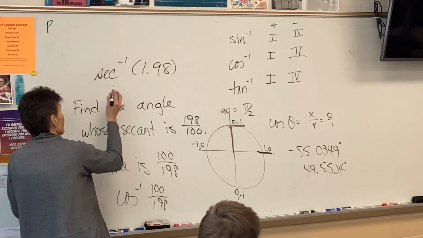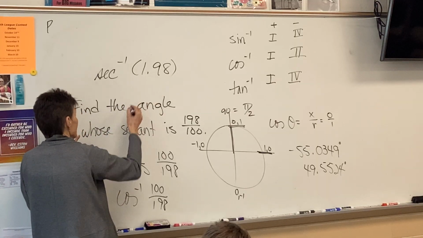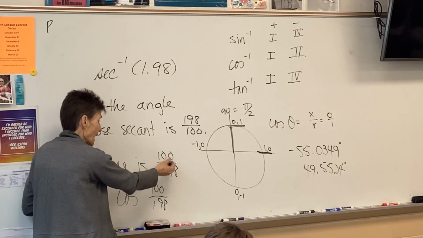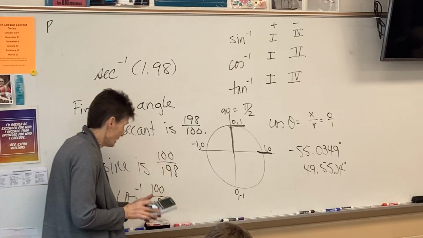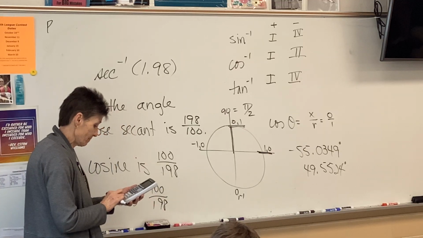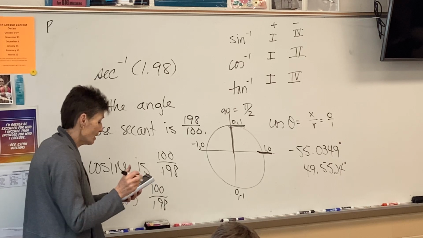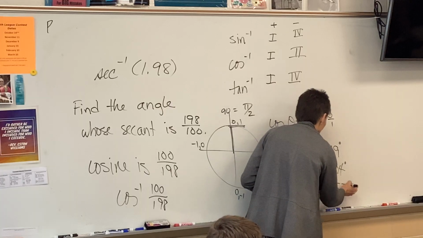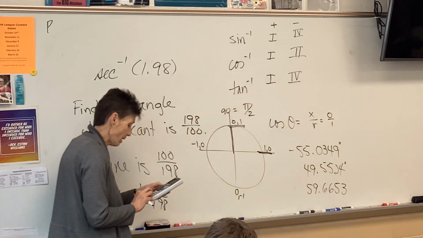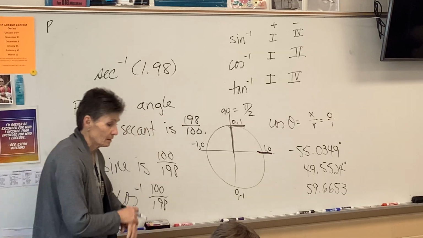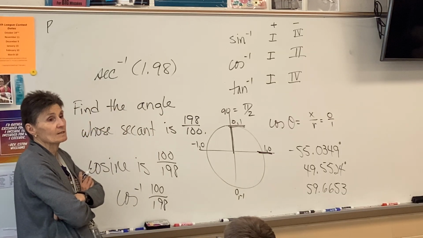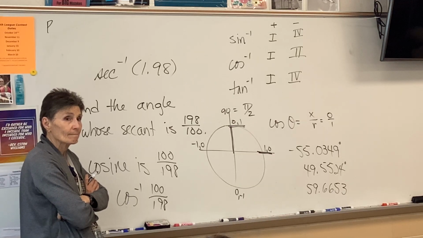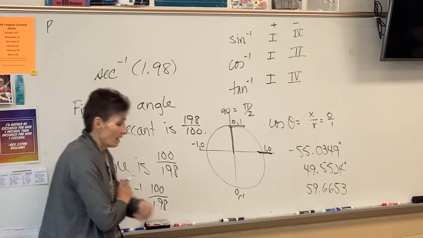Instead, you have to think about, okay, this is describing an angle, and the secant is 198 over 100, which means the cosine is 100 over 198. So you should have gotten 59.6653. So the answer to problem C is 59.6653. Okay? All right, let's try a couple more.